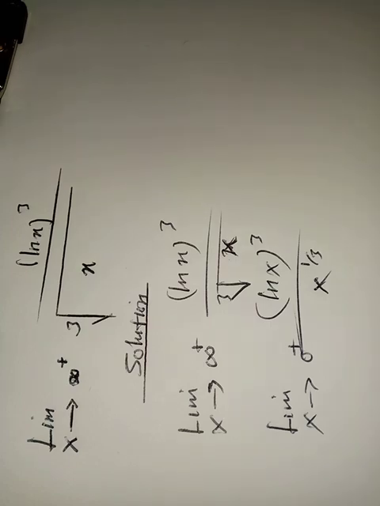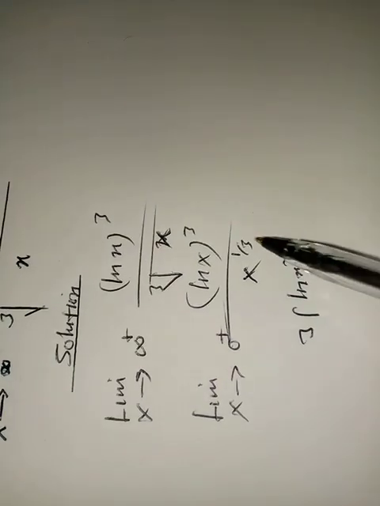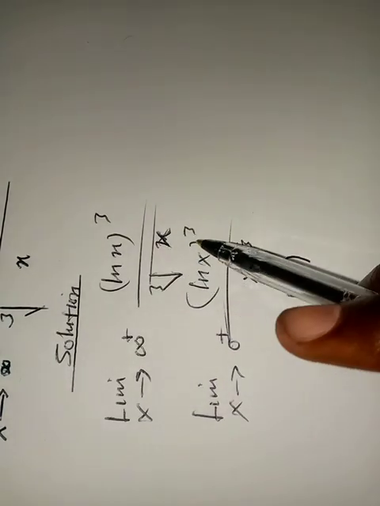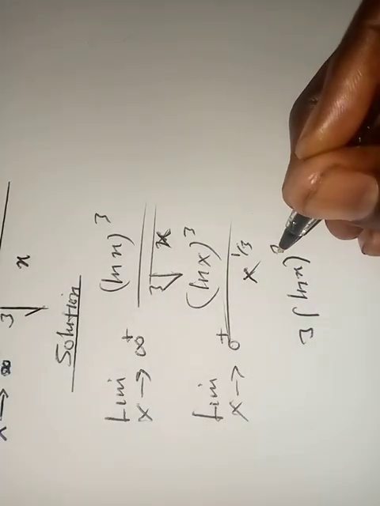It is for that reason we are going to differentiate the numerator by using the chain rule. This chain rule says if you have a power such as 3, you bring it in front of everything, I mean ln x, like that. Immediately it comes in front, you reduce the power by subtracting 1, so you maintain 2.